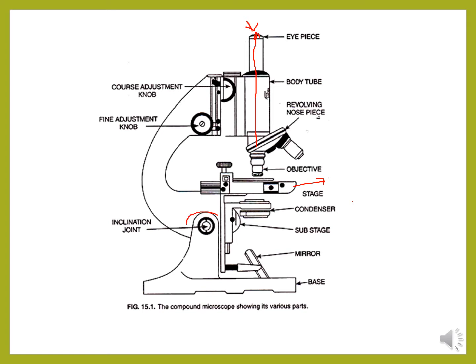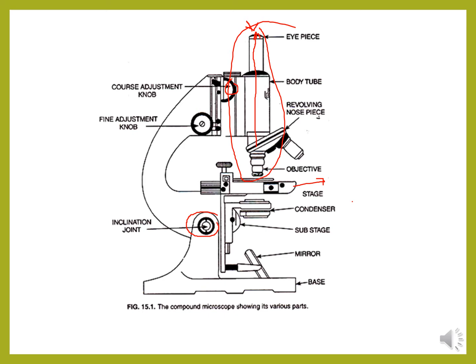Then you have here an inclination joint which helps to move this arm forward or backward. This is a coarse adjustment which helps you to move this whole structure up and down.